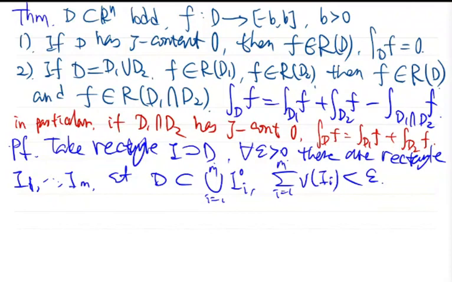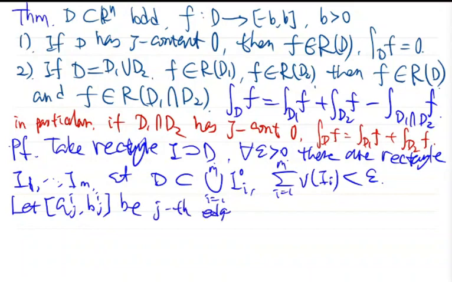Similar to the proof of that theorem, let Ai, Bi be the j-th edge of Ii, and construct Pj.